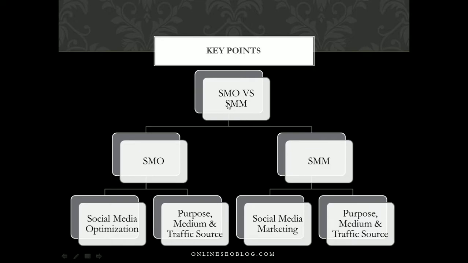Then we have SMO versus SMM. SMO is social media optimization, as we read earlier. SMM is marketing that optimized content. Likewise we have social media marketing. The purpose in SMO is to create the optimized content. The medium would be Facebook, Twitter, LinkedIn, and the traffic source would be our end users who read that content. Now what happens generally is you create the content, you have a beautiful page, but it is not able to reach the targeted audience.